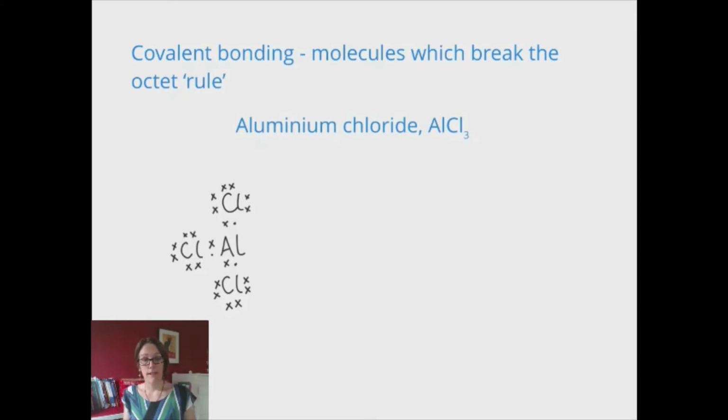The reason, incidentally, that aluminium is forming a covalent compound here is that aluminium is quite a small element. When it forms a 3+ ion, which it would do in an ionic compound, it forms a very, very small, very positively charged ion.